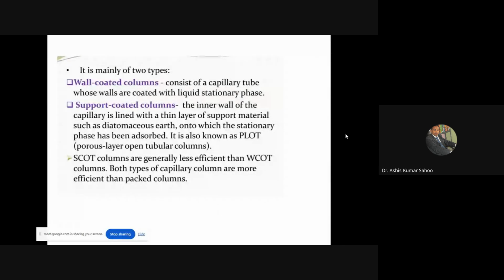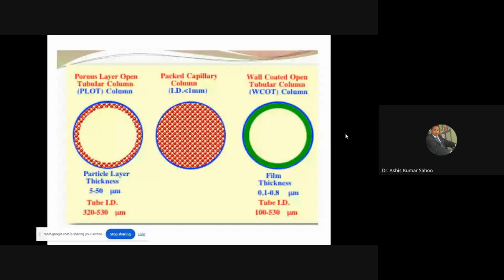Wall coated columns consist of a capillary tube, support coated columns, porous layer tubular column, and packed capillary column. Wall coated open tube. So these are the different column sizes depending upon the pore size. We can see different columns are used in gas chromatography.